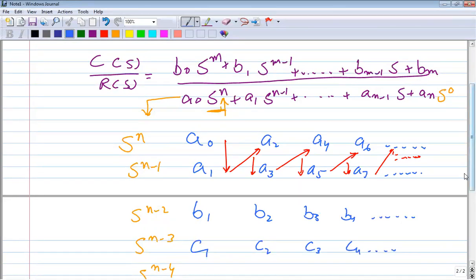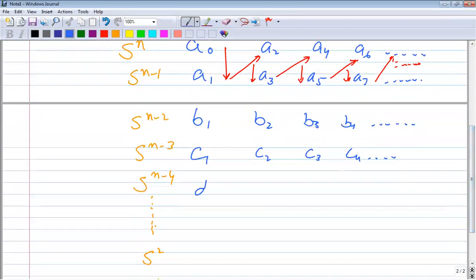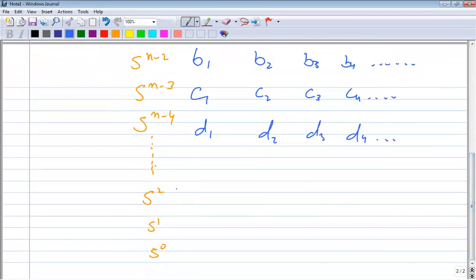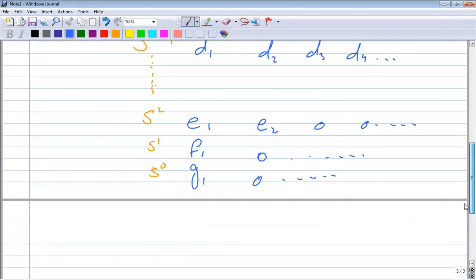Then I find the values of d1, d2, d3, d4, and when I come to the end, I am left with e1, e2 and all other zeros. And eventually I have f1 and g1, right? The last two terms are supposed to be single, f1 and g1, and the others are zero terms. So this is how I have to do the mapping.